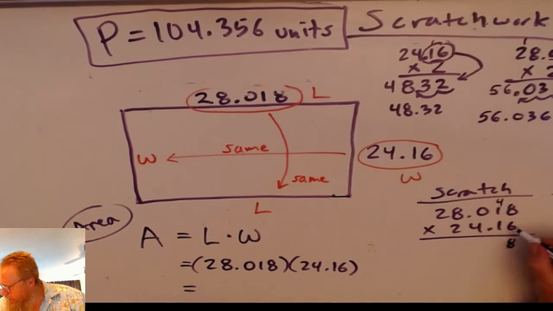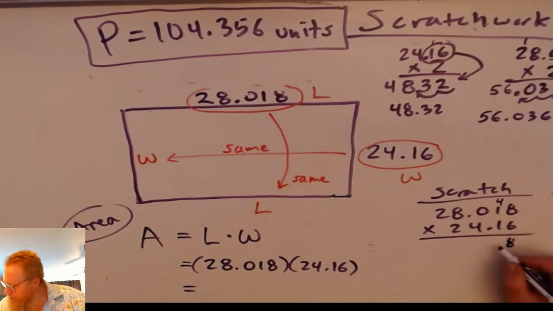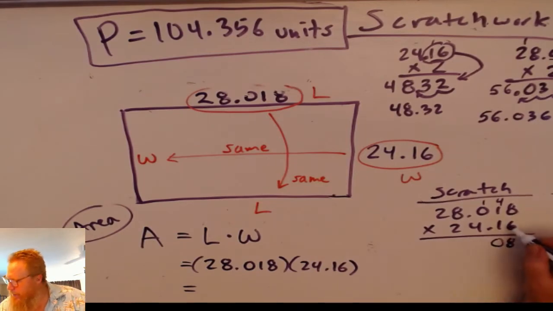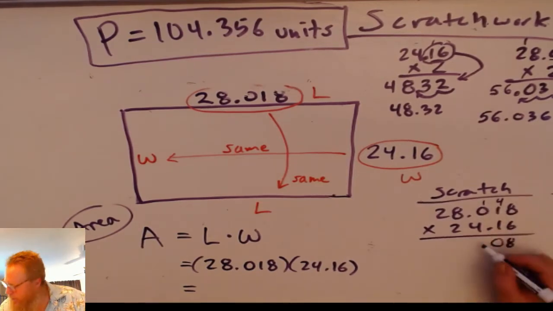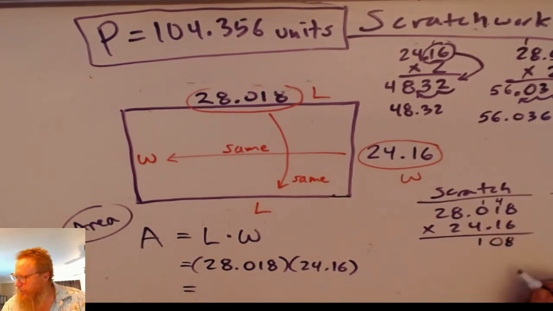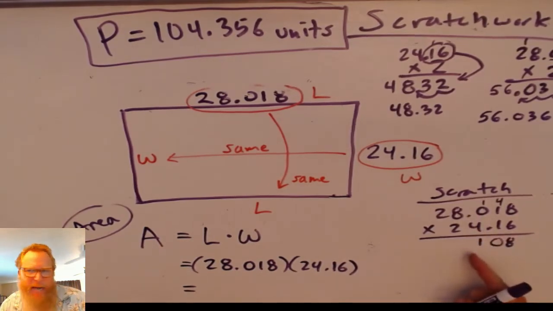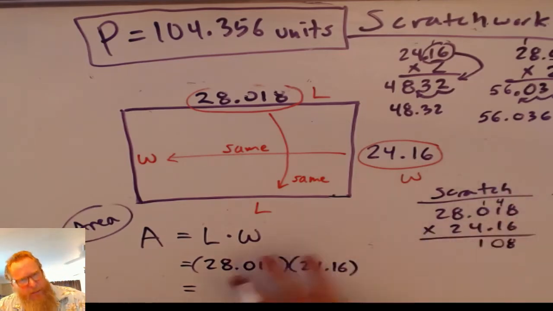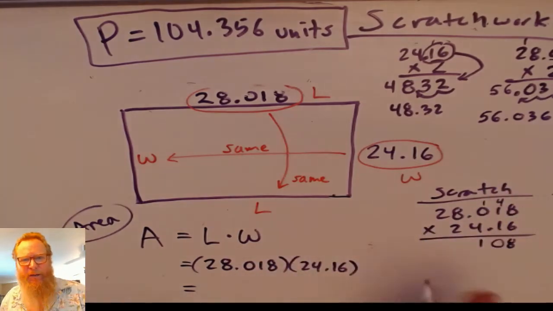Carry the 4. 6 times 1 is 6 plus 4 is 10. Carry the 1. 6 times 0 is 0 plus 1 is 1. Don't bring the decimals down when you're multiplying. Just do it all without decimals, and then when you're done, count and figure out where the decimal goes. If you try to put it down now, it's just going to screw it all up.